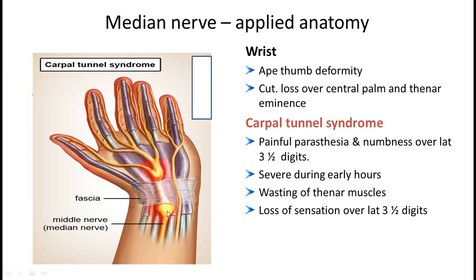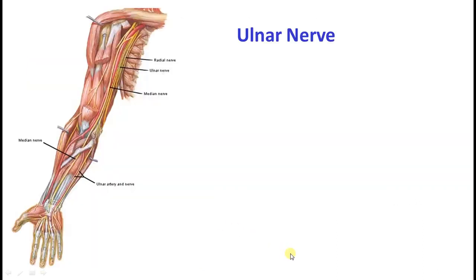So that is why it is resting pain and severe during early hours. So if this is compressed in the carpal tunnel, wasting of thenar muscles takes place and loss of sensations over the lateral 3.5 digits. So we will move on to the next nerve, that is the ulnar nerve.